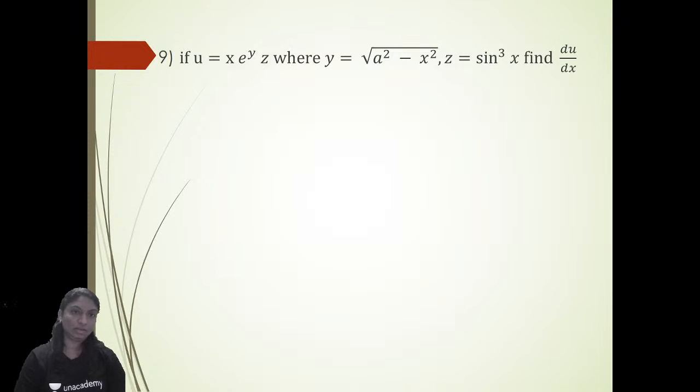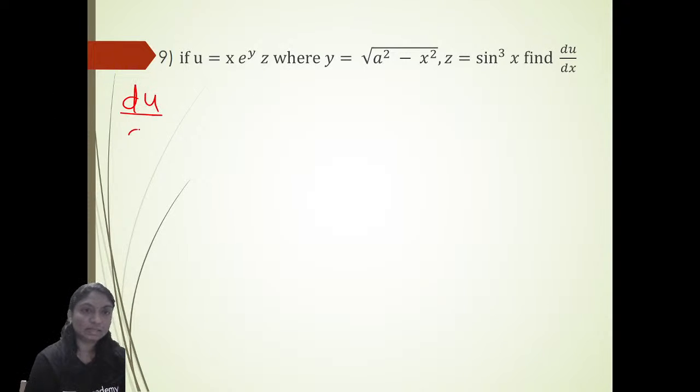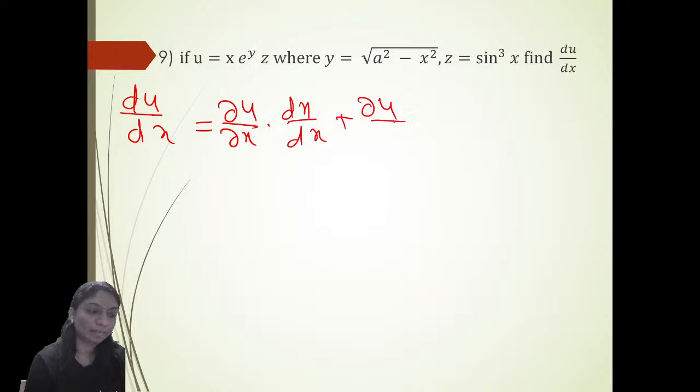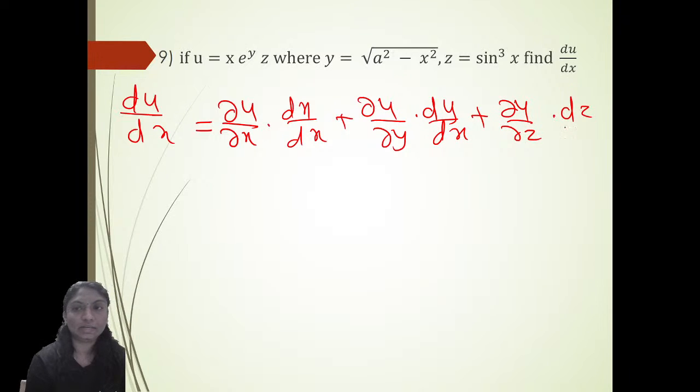See, I am solving it very fast. So du by dx, you will get ∂u/∂x into dx/dx plus ∂u/∂y into dy/dx plus ∂u/∂z into dz/dx. Right?